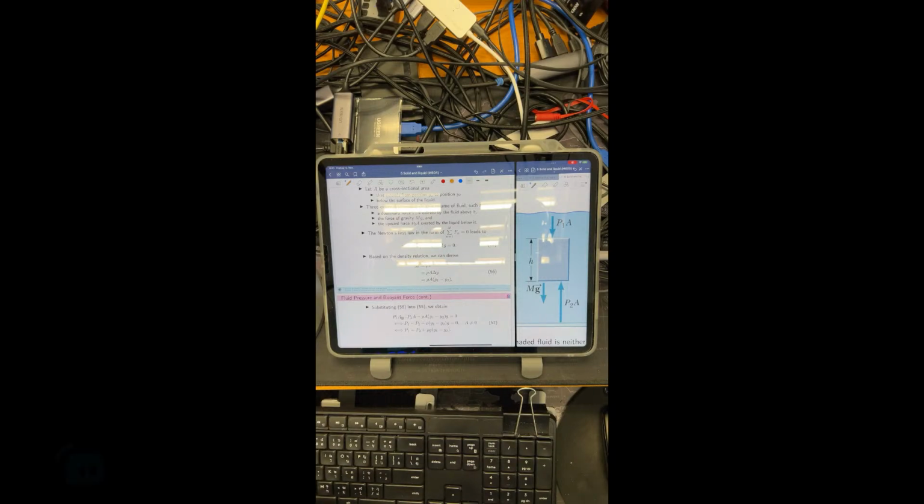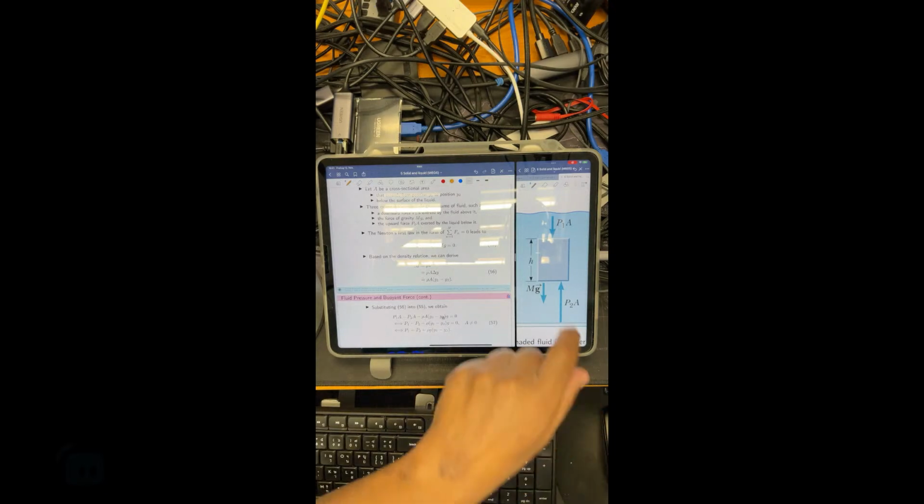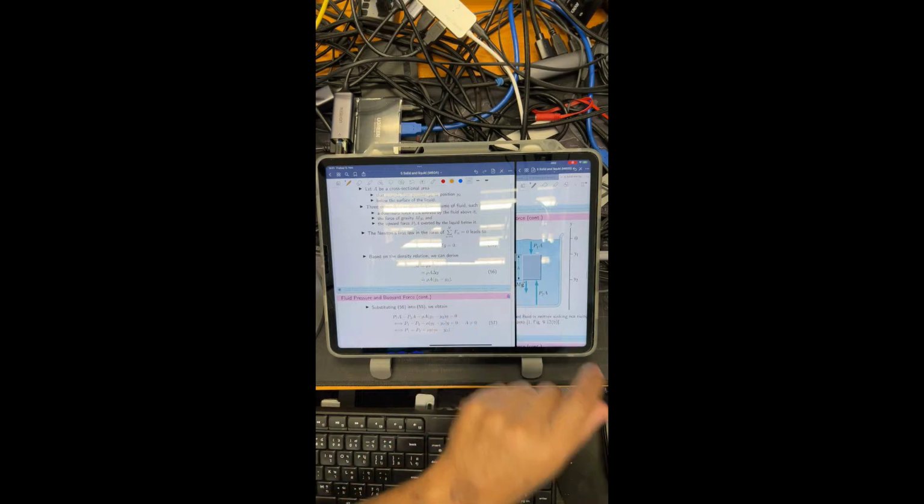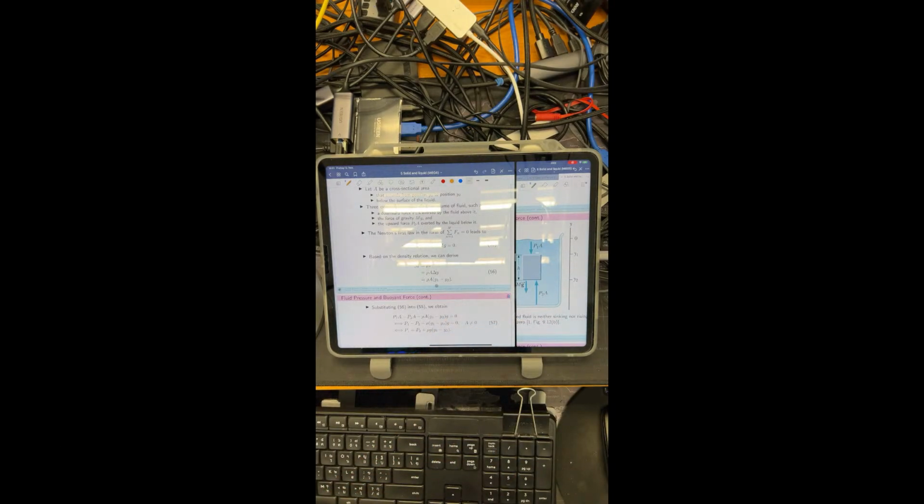I don't understand why they say plus, this is minus. P1 minus P2 and minus rho A (y1 minus y2) g equals 0.